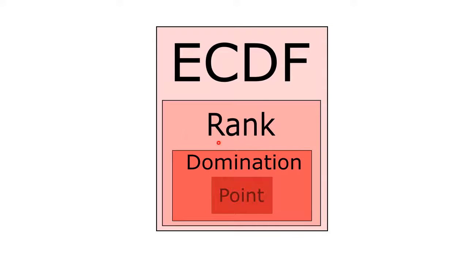On top of that, we then took domination and said, well, how many points does a given point dominate? It's a very simple extension, and we've established the idea of rank in that manner. And finally, using rank, we've built up to this overarching idea and our problem statement, which is, let's talk about calculating the ECDF.